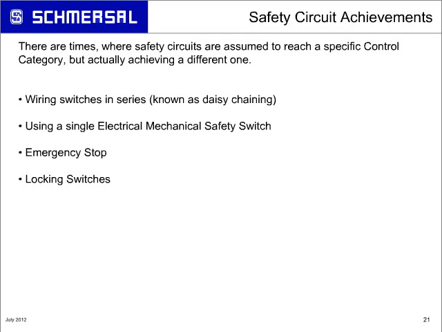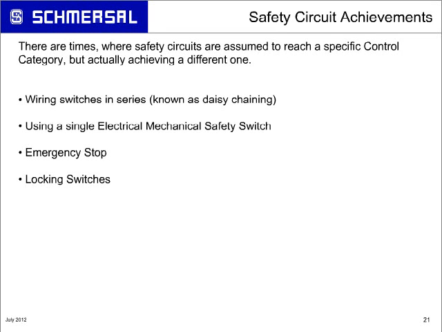If you use one, you can possibly obtain up to a Control Category 3, but if you use two independent, you can obtain up to a Control Category 4. The indication of emergency stops, whether you're using locking switches, wiring switches in series, which a lot of people know as daisy chaining, is a cost-effective solution. If you have 4 doors on a machine, the doors get wired in series. It could be redundant channels. What category do you really achieve in that particular case?